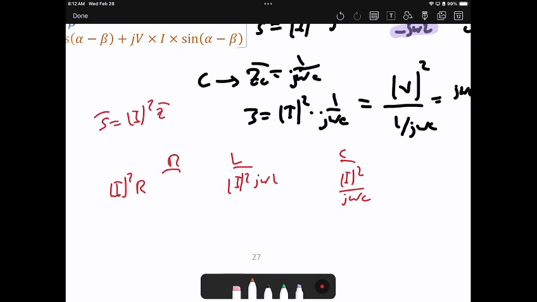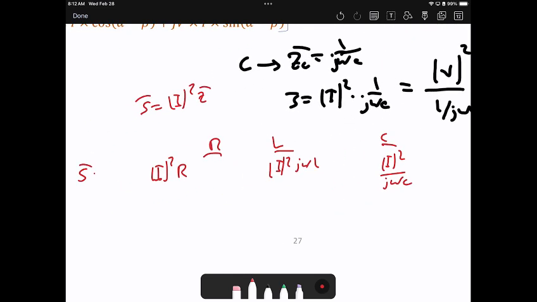Then let's try to make a comparison. We know this is S bar, and S bar is P plus jQ. What will happen to the resistor? I squared times R plus j0, because there are no imaginary parts.